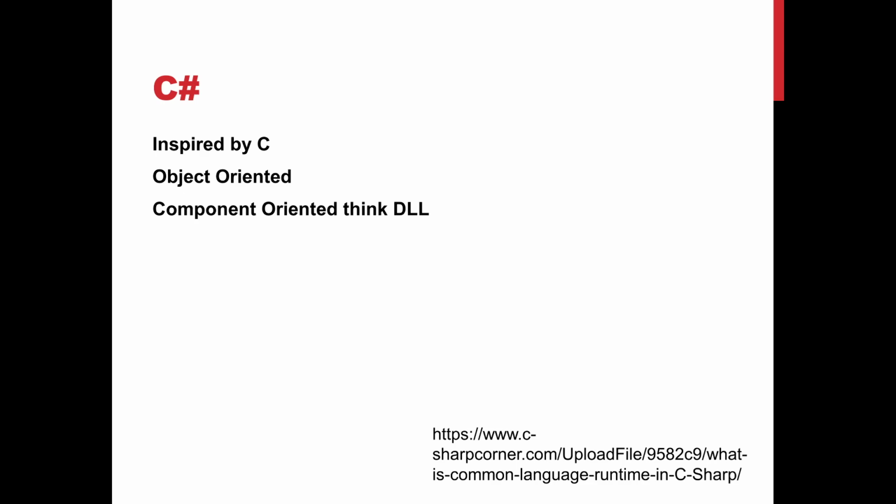So what we want to do is really think of how C Sharp is a component-oriented language. It's object-oriented, but it really leans towards development of small reusable software modules, in this case DLL files, dynamic link libraries.